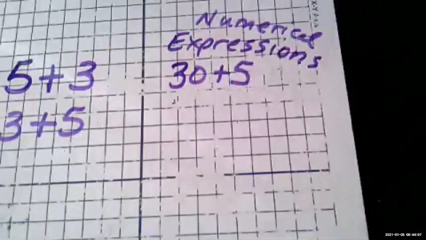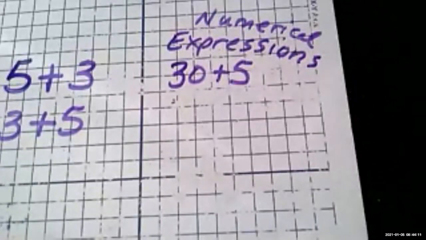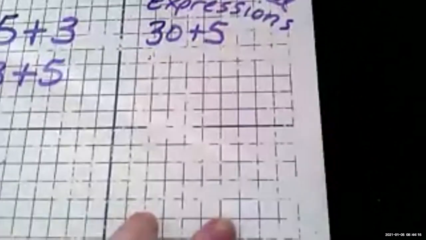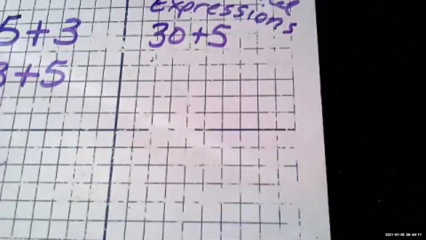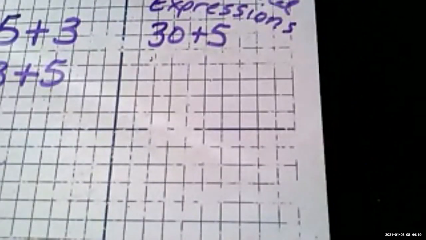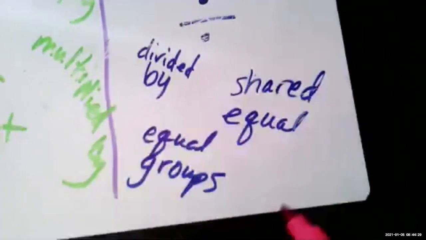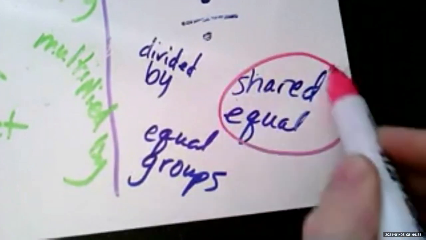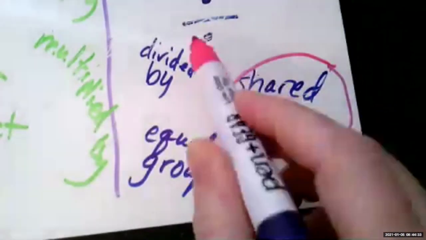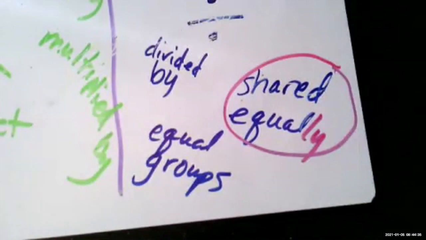How about 9 candy bars shared equally amongst 3 people? Ooh, shared equally. Equal groups. We're looking for equal groups or equally shared. Okay, so there's your division. You're going to share it equally.